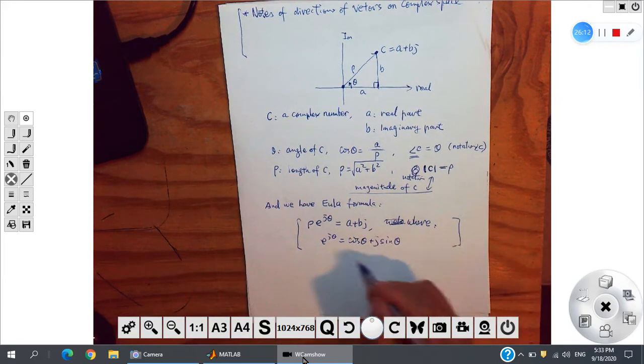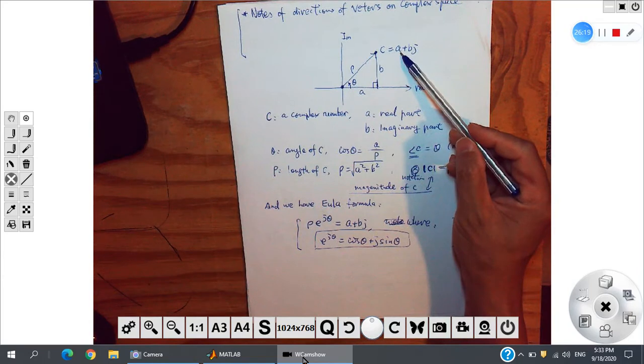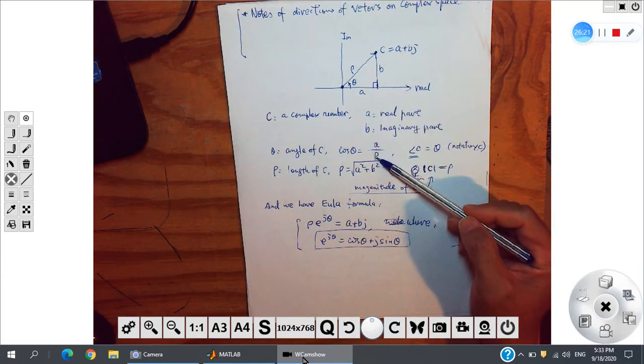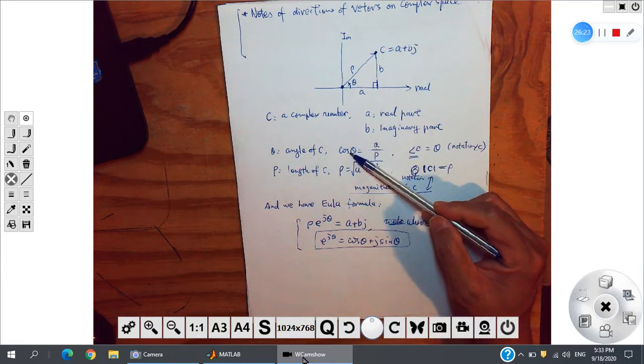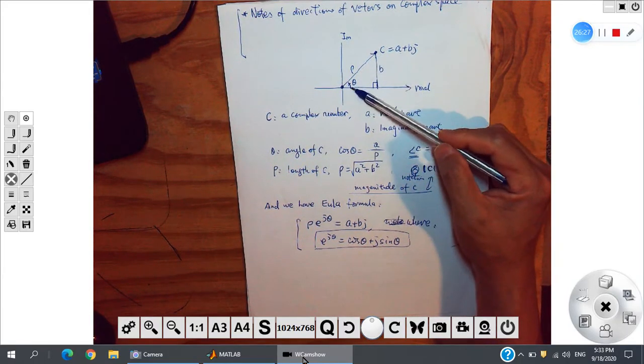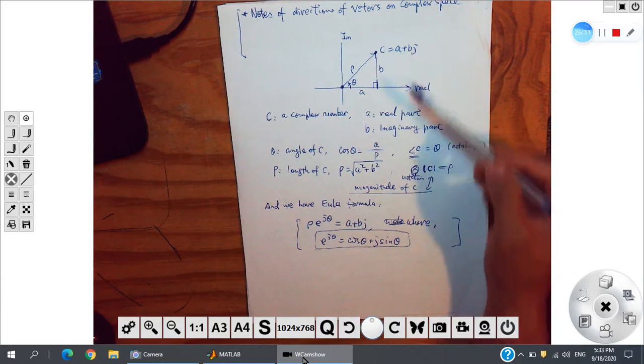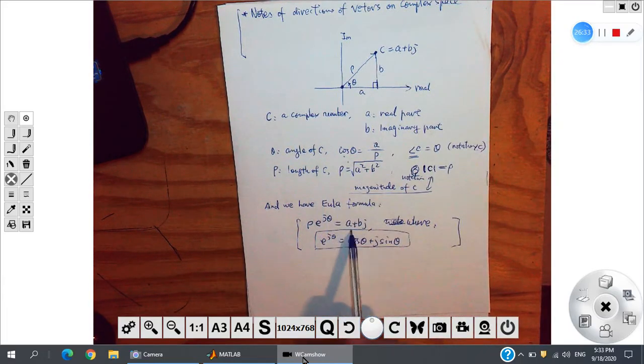In this one, you just plug in, right? A is rho times cosine theta, and B is rho times sine theta. So you just plug in, and you have a plus bj is rho times cosine theta plus j sine theta. Okay, so we have this one.